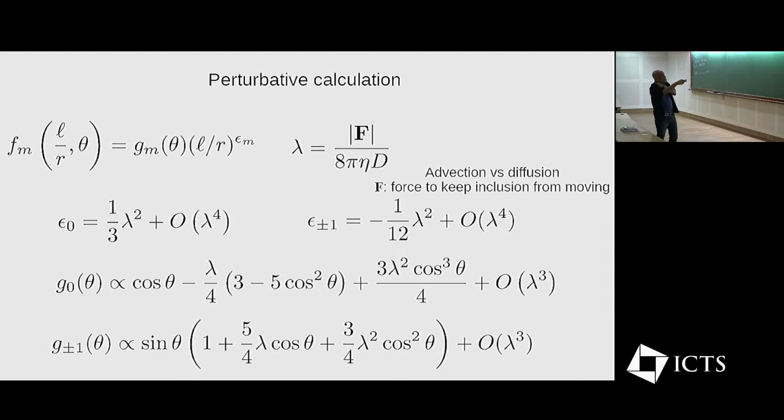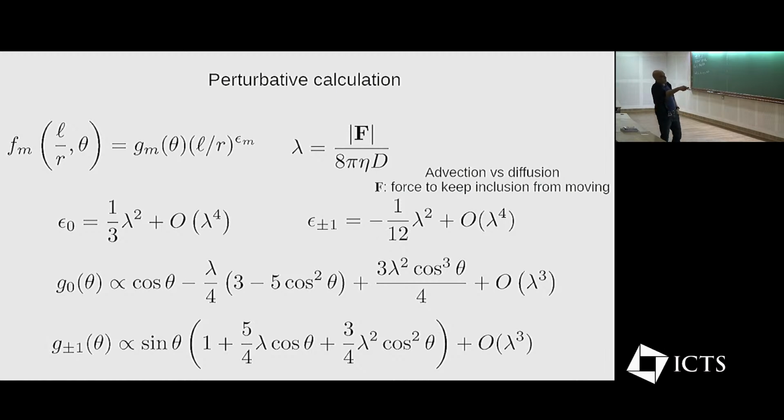And for each angular Fourier component m, there's a decay exponent epsilon m. Perturbatively in lambda, what you have is the m equals 0 bit, which is plus something times lambda squared, and the m equals plus or minus 1 bits, which is minus something times lambda squared.